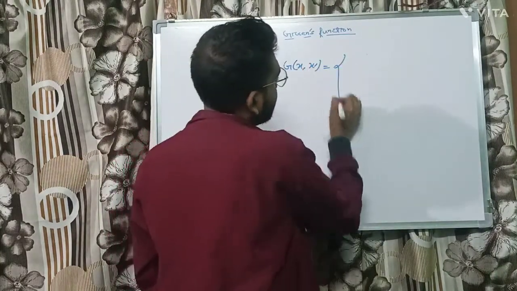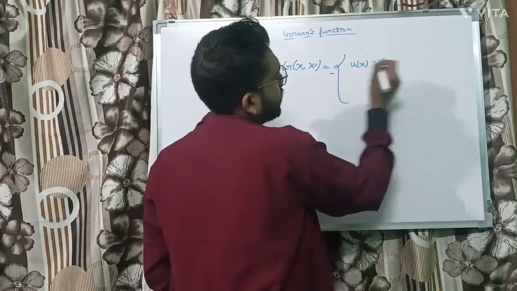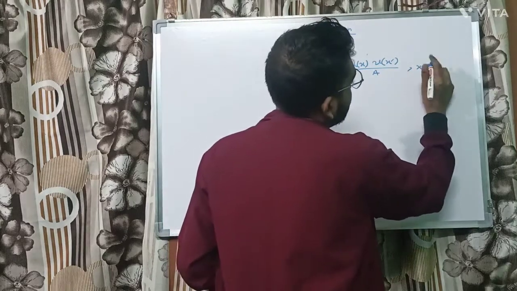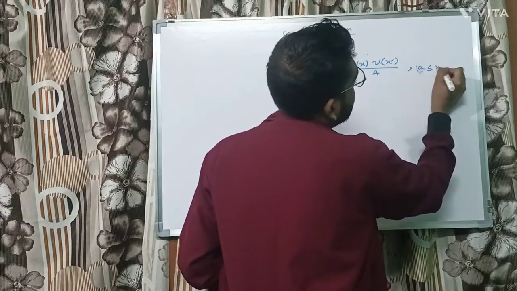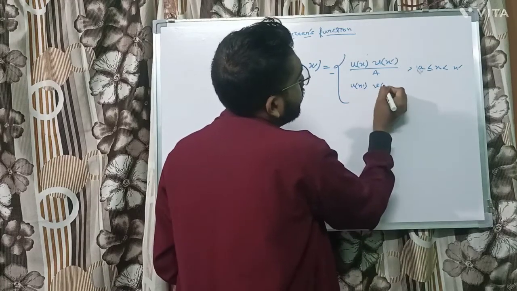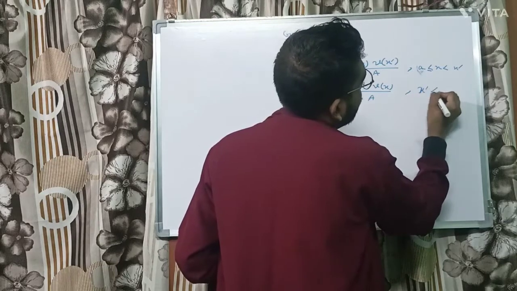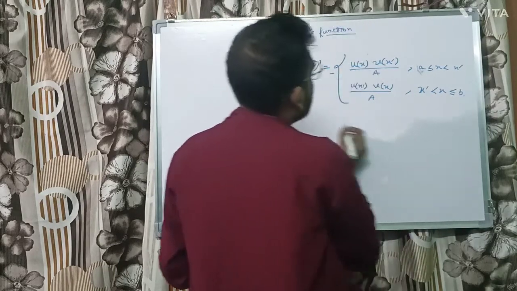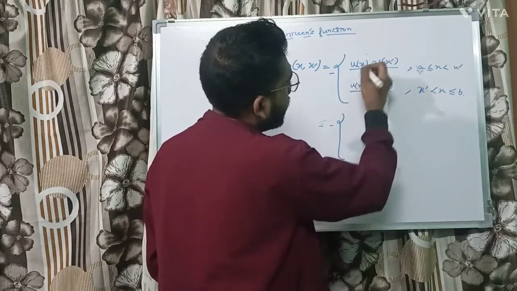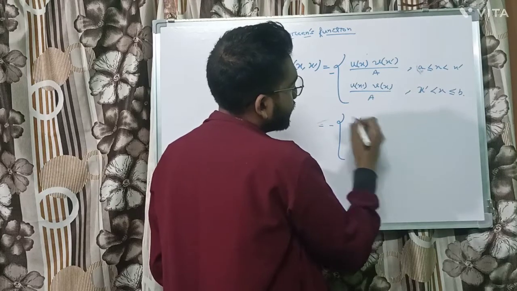As you have written, this is u(x) v(x dash), minus divided by a dash, for the interval a to x dash, and for the interval x dash to b. So what is the value of u(x)? It is a dash x.